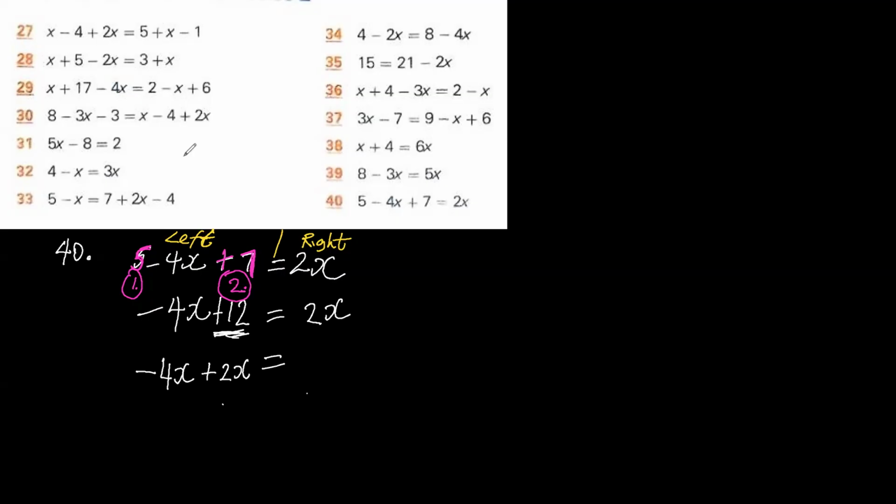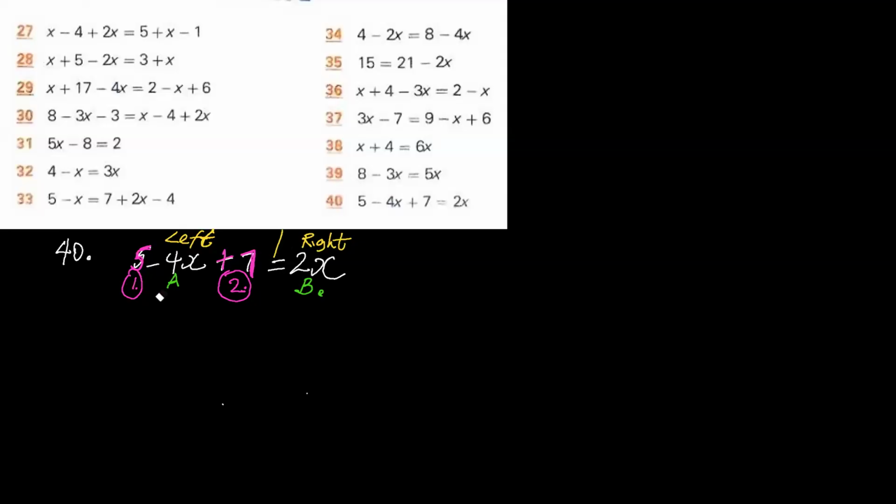Now let me use another color. We look at the terms here. You have one term, let's call it A, which is negative 4x, and another term, let's call it B. You want all the letters on the left-hand side. So let's start all over again.